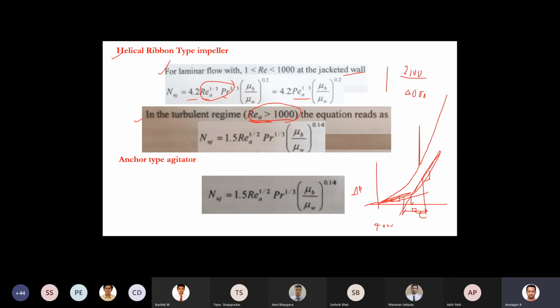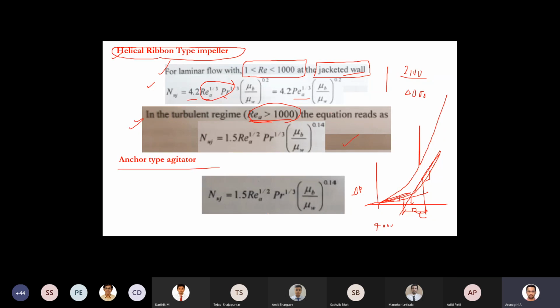So the equation will be like this for a jacketed vessel. This is important for a jacketed vessel with a helical ribbon type impeller. This is the equation. The applicability of these correlations is limited to this Reynolds number range. If the Reynolds number goes greater than 1000, you have to use this equation.